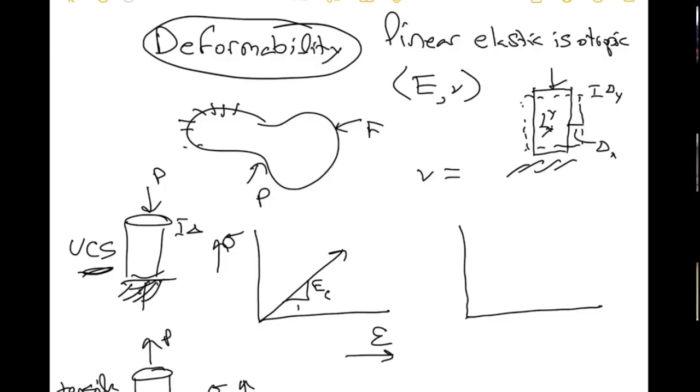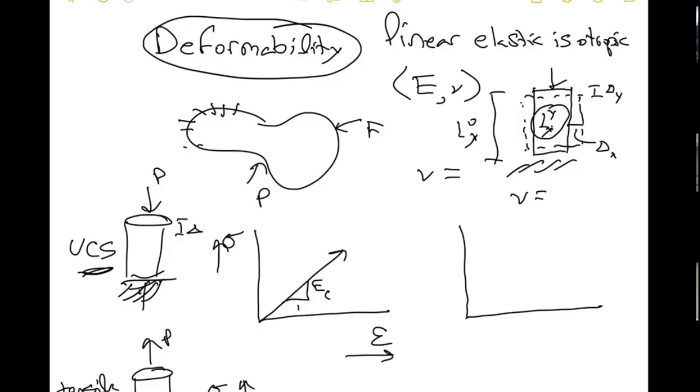And so if we define our coordinate system like this, X and Y, and if we take this and turn it into strain by dividing delta Y by the original Y, right, and delta X by the original X, then Poisson ratio is defined to be, let's do this.